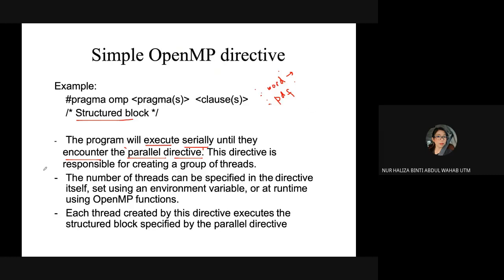This directive is responsible for creating a group of threads. So you're going to open threads, let's say thread A, thread B, or 1 and 2. Let's say this one will run under processor 1 and the other under processor 2.